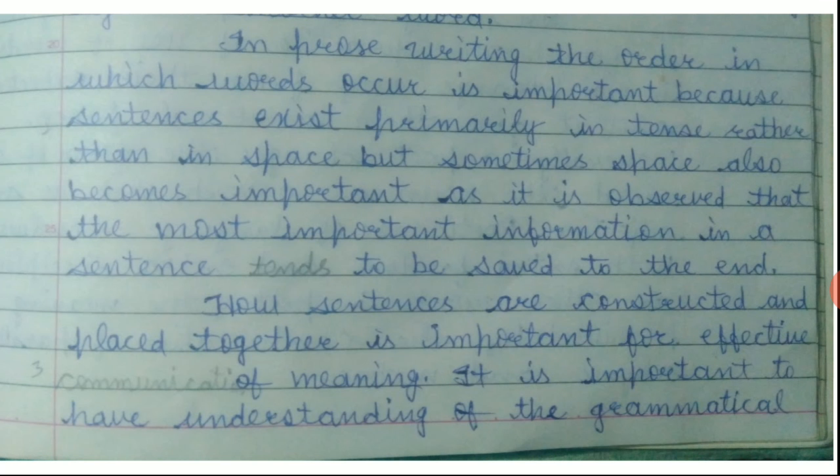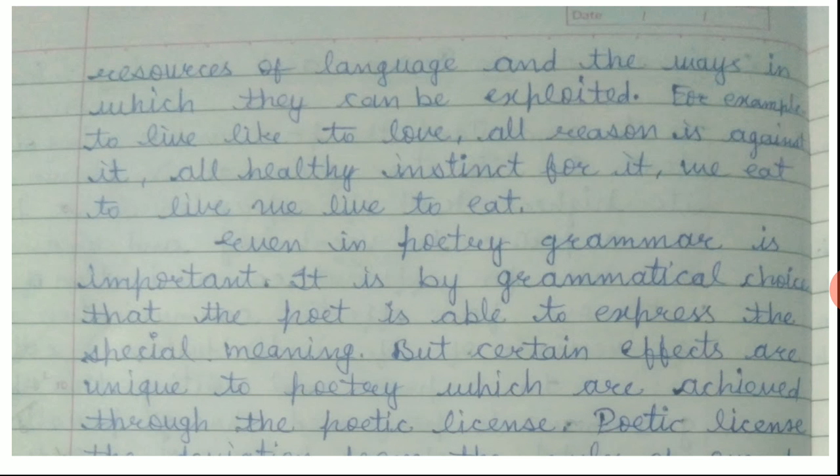It is important to have an understanding of the grammatical resources of language and the ways in which they can be exploited: how I can express one idea in different forms, how a request, an order, an explanation, the expression of joy can be expressed by combining different types of sentence structures. That should be known to the writer.